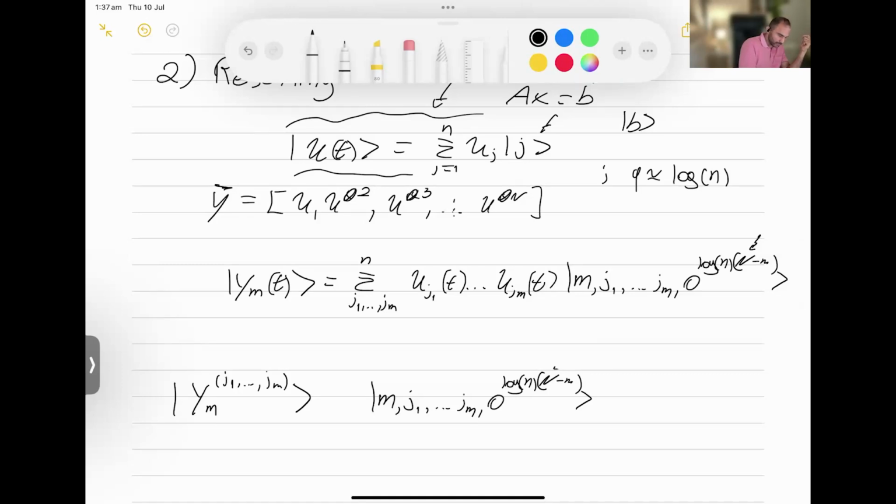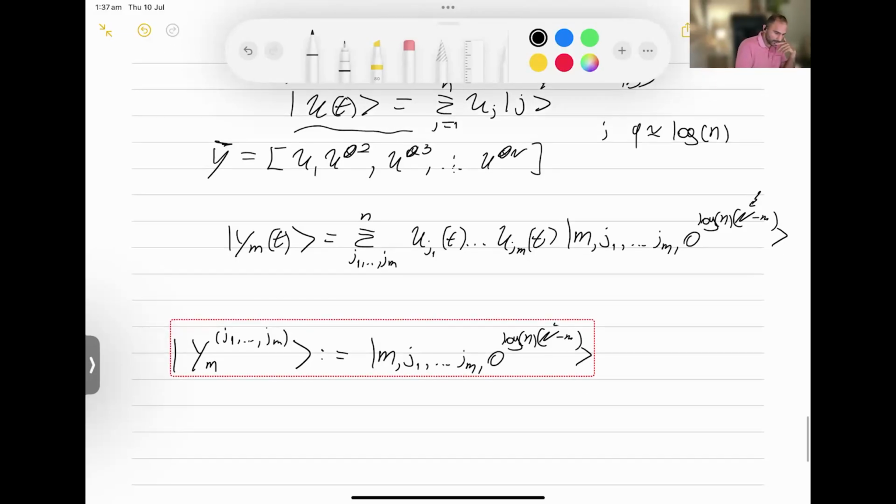So that's the way that you write this in a more compact form. If you have other ideas for how to write this, you can; it's not established.